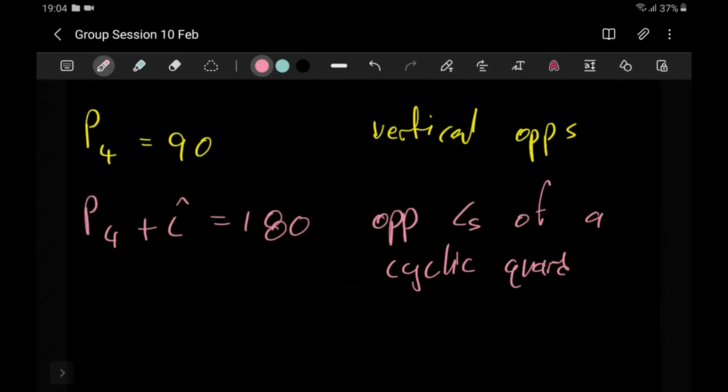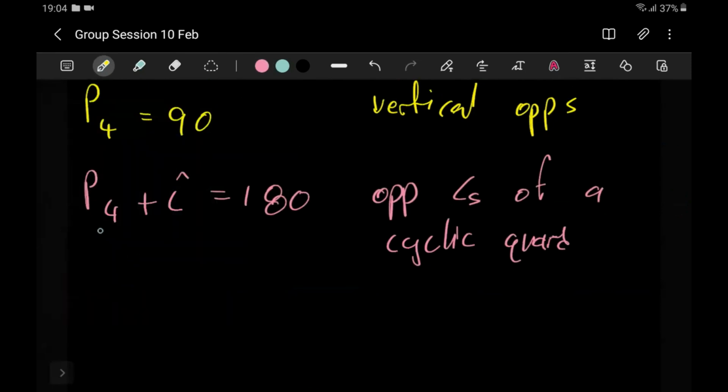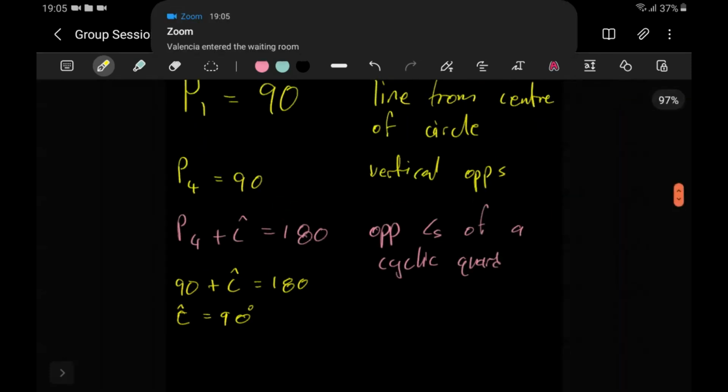You see, so once you've done that, automatically you know that if you want to solve for C here, this is 90, you already worked it out. C you don't have, but solving for C here, you're going to end up with C being equal to 90 degrees, which is what you actually wanted in the beginning, you see.